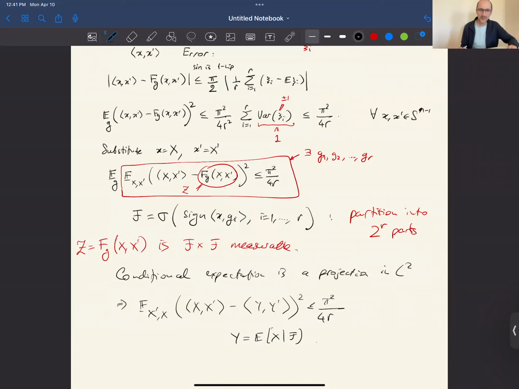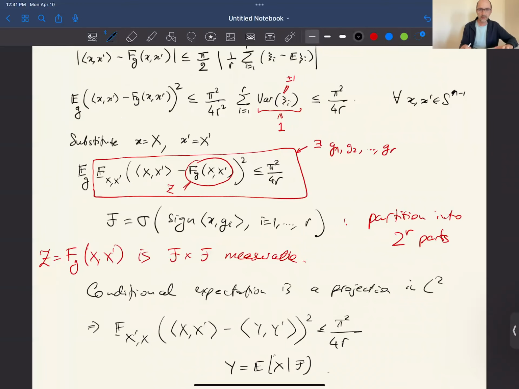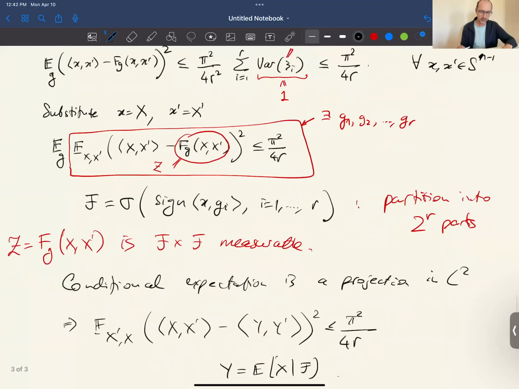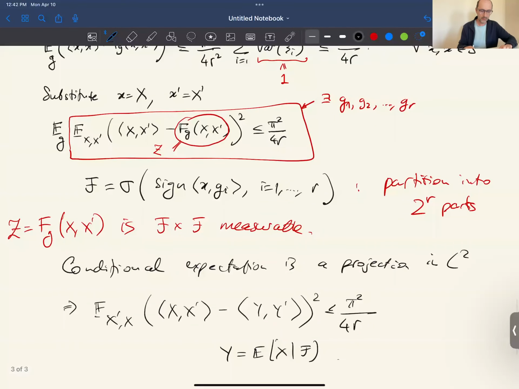Done. So that's the entire proof. It's based on a kind of randomized rounding scheme that goes back to Grothendieck, and that's it. That's our proof.